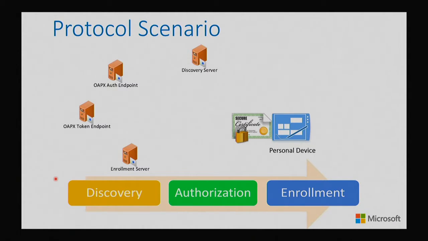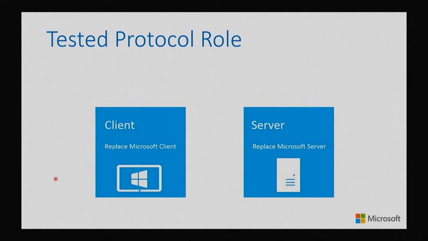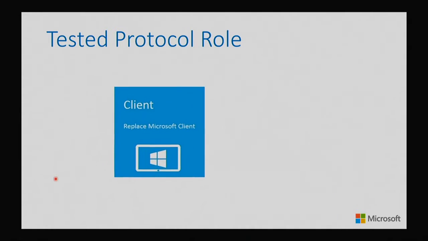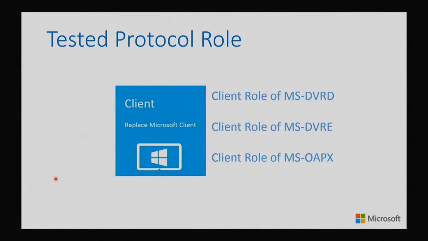Next, let's see how we design the test. Firstly, we have chosen the client-side implementation of this workspace join scenario, which means we will test the client roles of the DVRD, DVRE, and OAPX protocols.